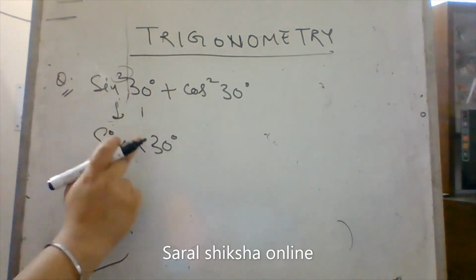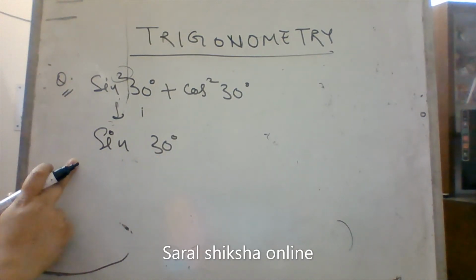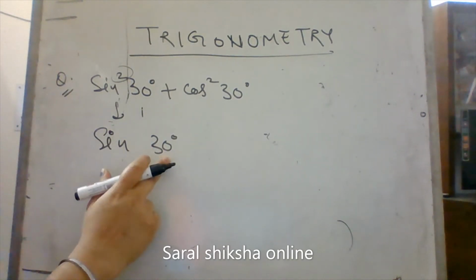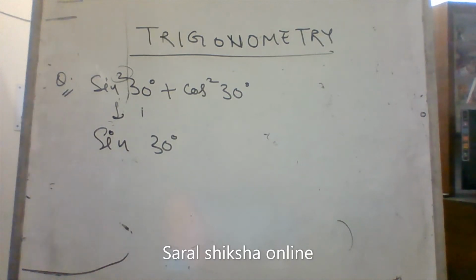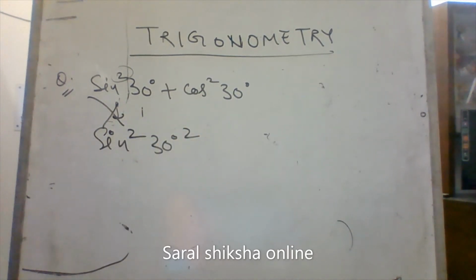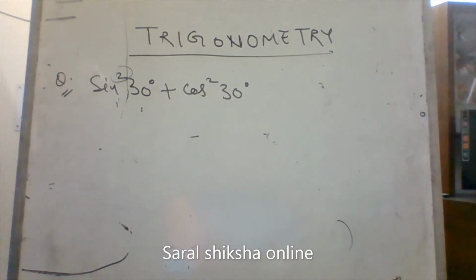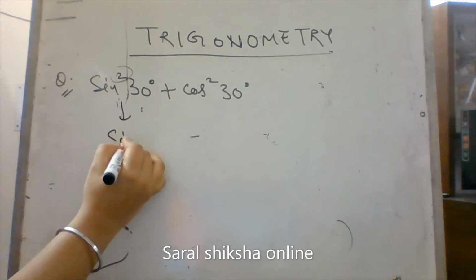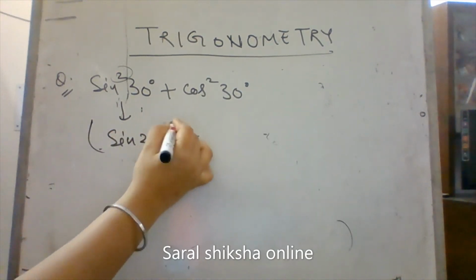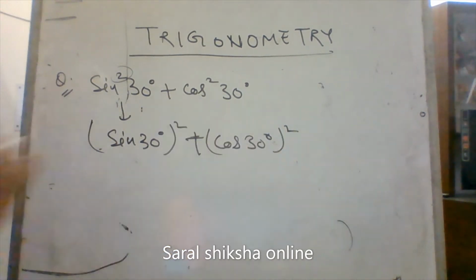This sine 30 basically gives you the value of P by H of a right angle triangle at 30 degrees. Clear? So sine square 30 is definitely not equal to sine square and 30 degree square. No, it is the square of the ratio at 30 degrees. So it equals sine 30 degree whole square plus cos 30 degree whole square.